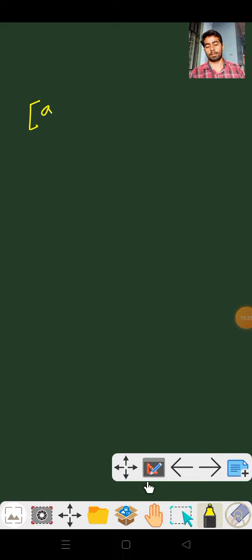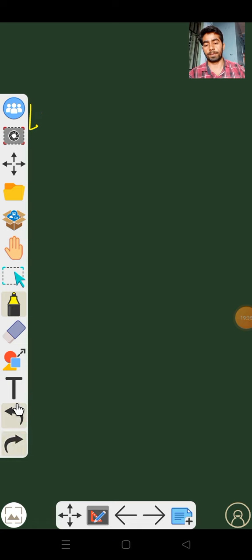So if a is not 0, then we can say that this will be UC. I think it is clear.